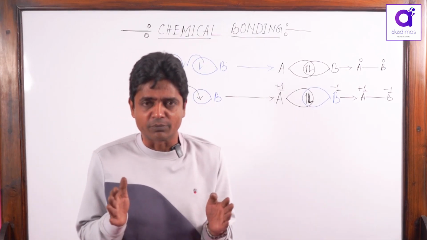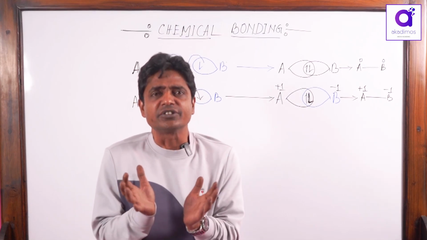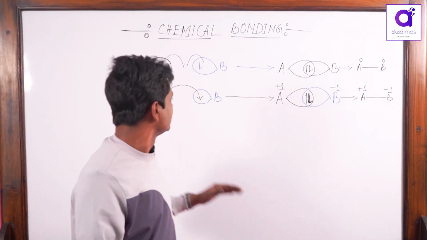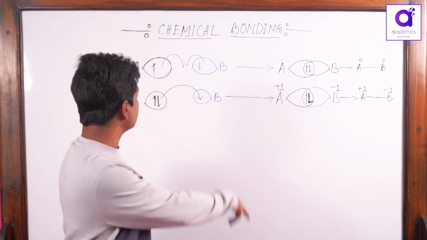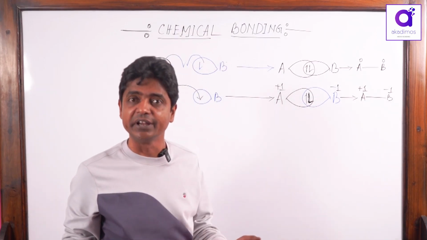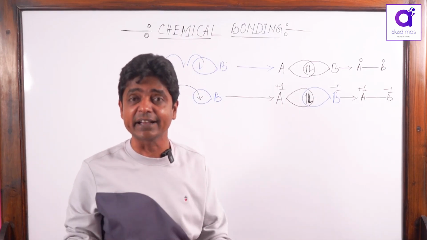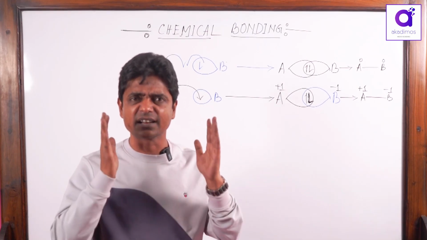When singly occupied orbitals form a bond, no formal charge. When a fully occupied orbital forms a bond, then the donor will get plus 1, the acceptor will get minus 1. And this bond I have shown here is sigma. It may be pi. Any kind of bond can form. The essential criterion is an orbital.